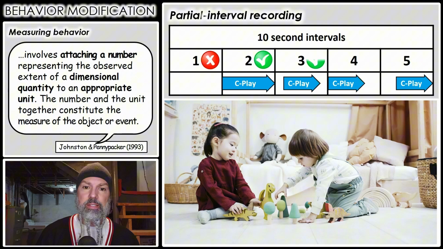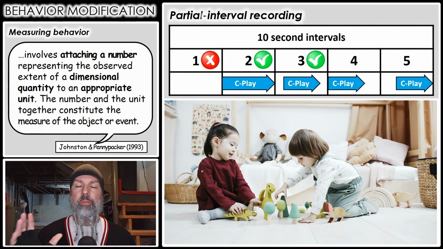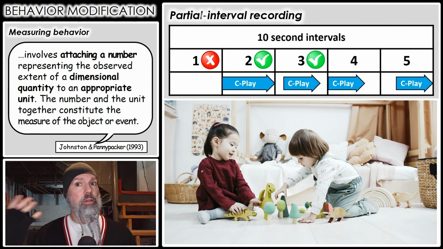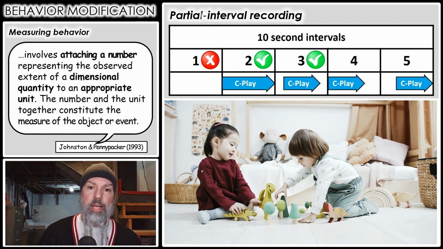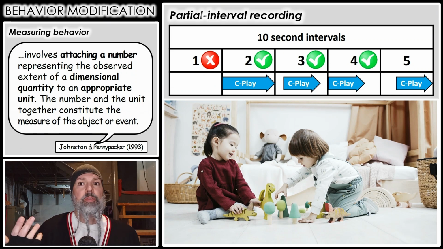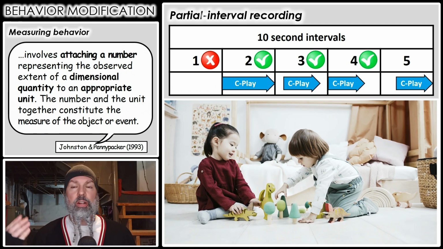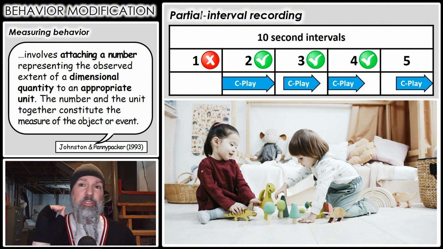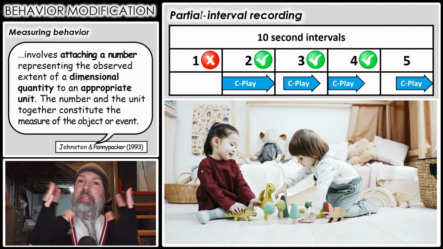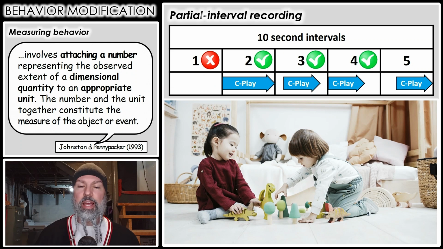So they would say, yes, the behavior occurred during that interval. For interval number 4, again, cooperative play occurred. So they would say, yes, that behavior has occurred. And for interval number 5, cooperative play occurred at any point during the interval, even if it was only for a second, even if it was only for one little instance of cooperative play, you would indicate yes.